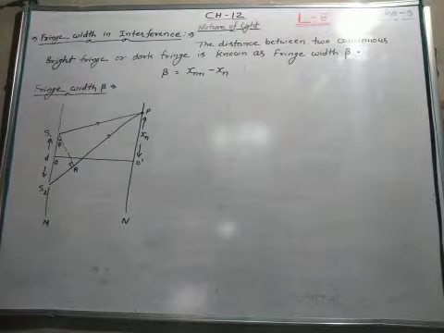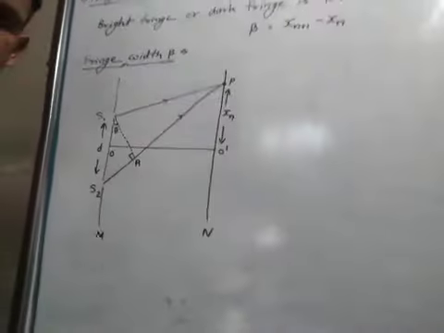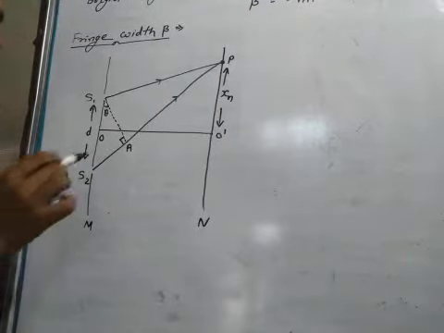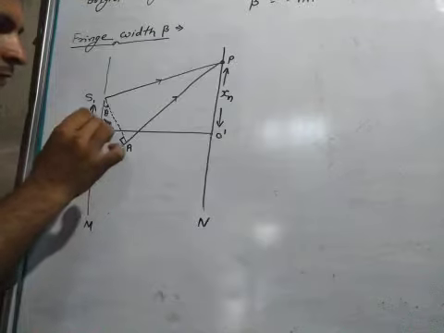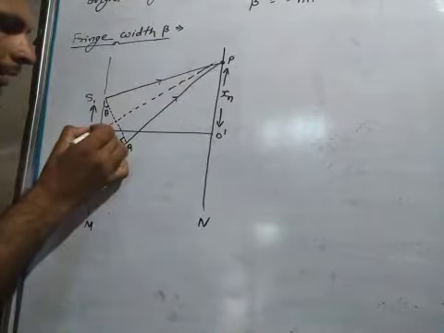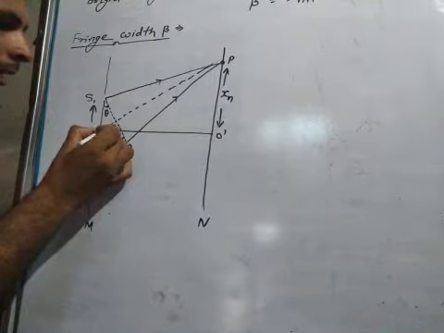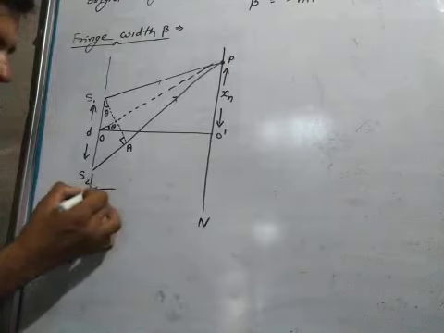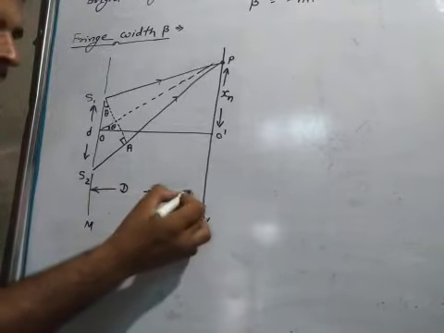Let me zoom in to show you. This is angle theta, and the angle at the center of slits S1 and S2 also makes the same angle theta. The distance between both screens is capital D.